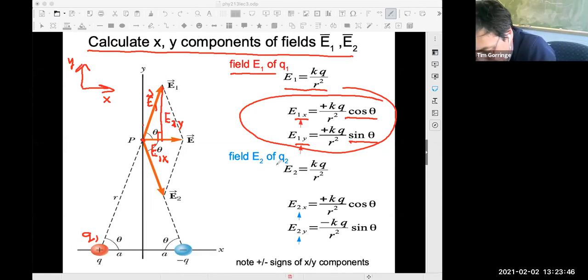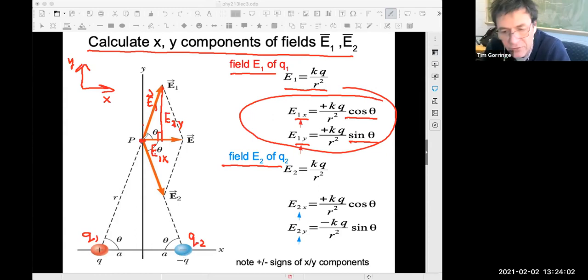Then I'm going to do the same thing for the second charge. It's the negative charge, on the positive x-axis. Its charge is minus q. The strength of the field created by that charge at the field point is kq over r squared. It depends on the amount of charge, the square of the distance, and the Coulomb constant. Again, I can think of a right-angled triangle.